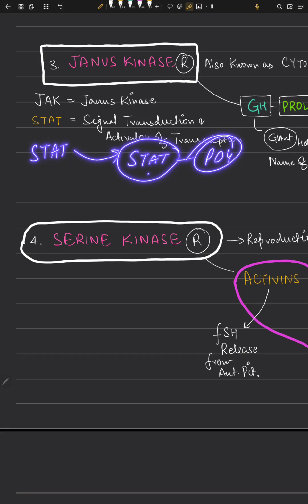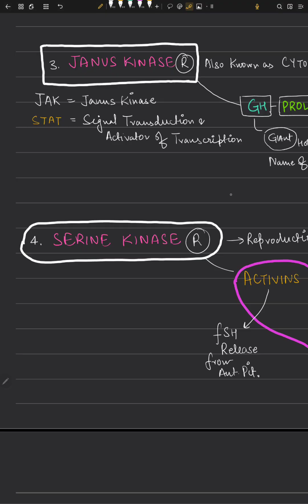This is how the energy is transferred: ATP becomes ADP, and one phosphate from the triphosphate sticks to STAT. Then STAT goes to the nucleus for transduction and activation of transcription. Cool, new genes are formed. That's how Janus works.